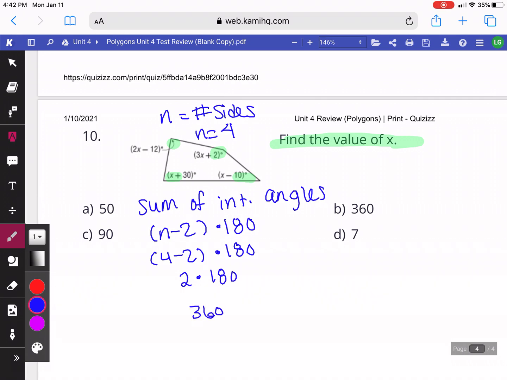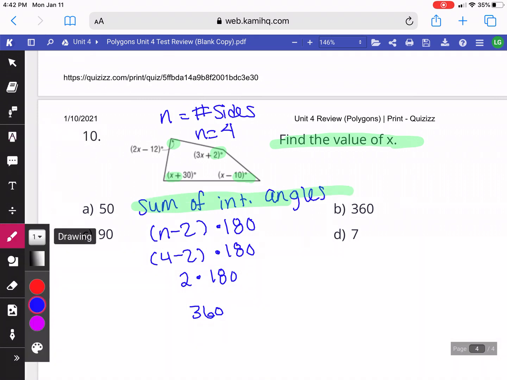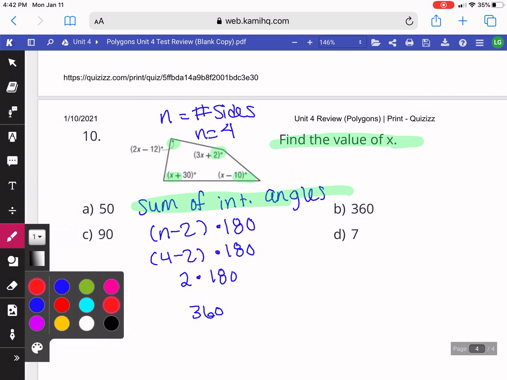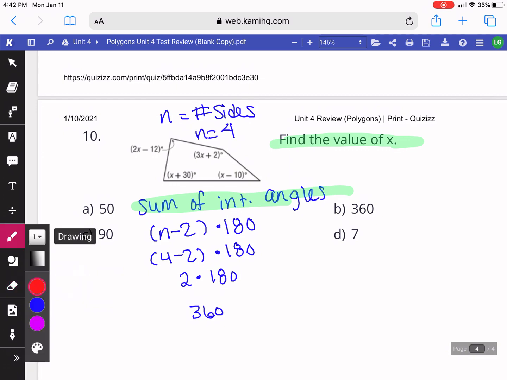So that formula that I just did gives me the sum of the interior angles. But we can also write an expression for those interior angles. So I can actually take all these interior angles and add them up together, the ones I see in the picture. So the 2x minus 12, the 3x plus 2, the x plus 30, and the x minus 10.